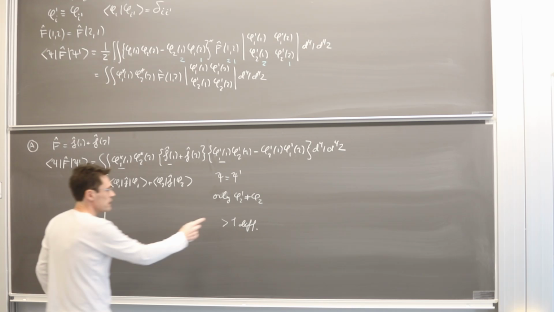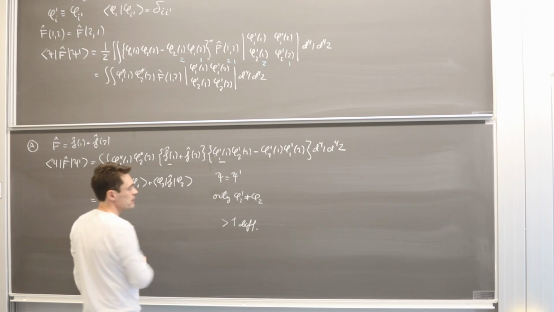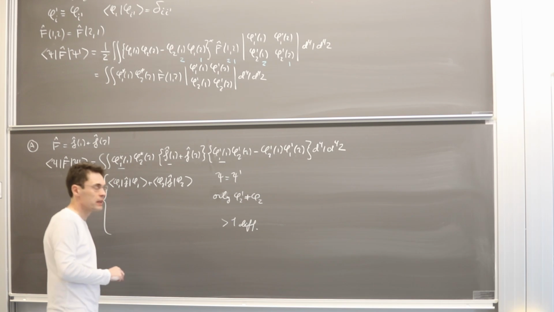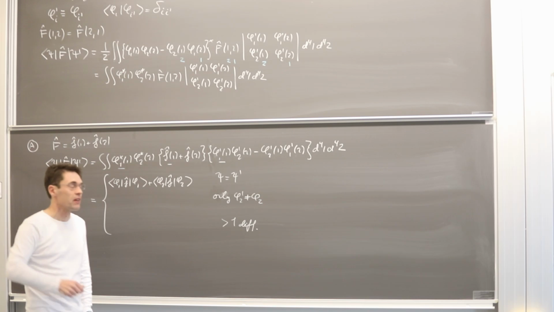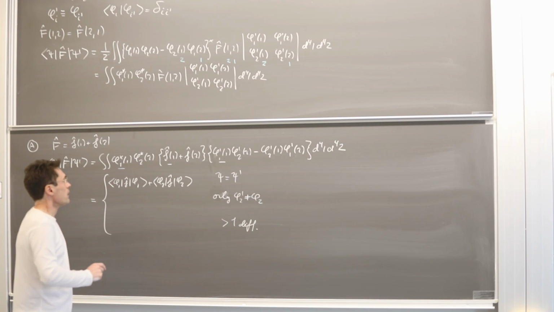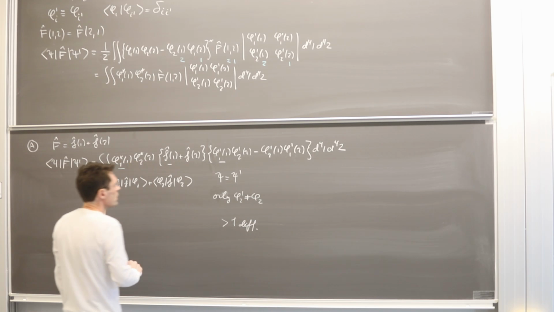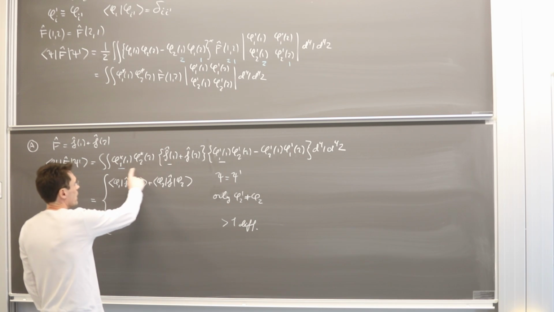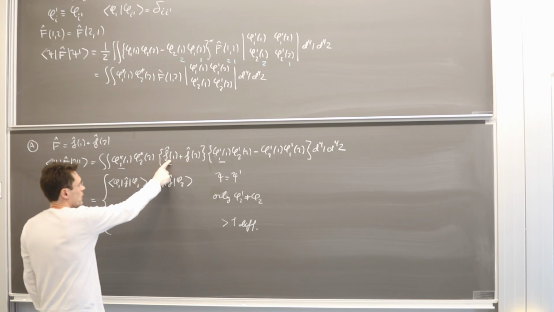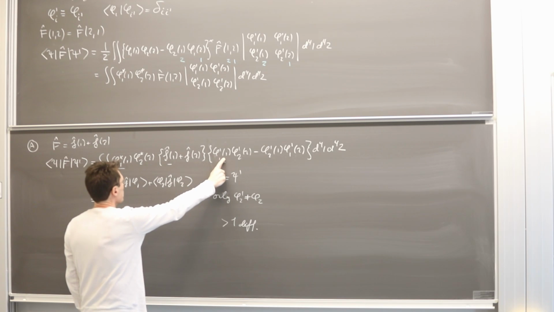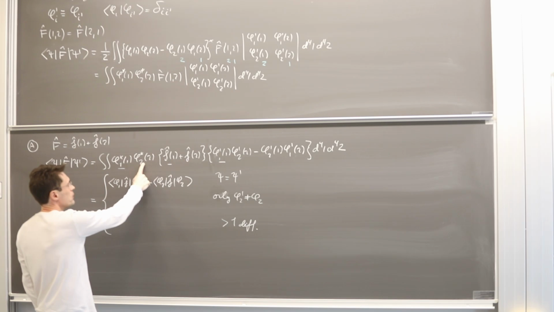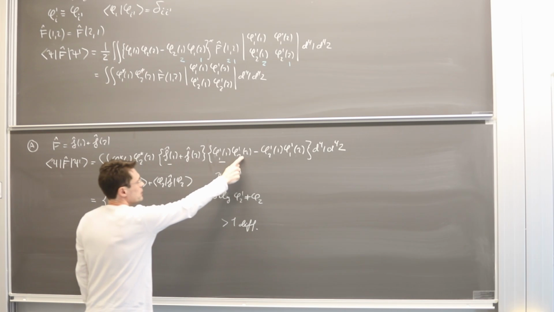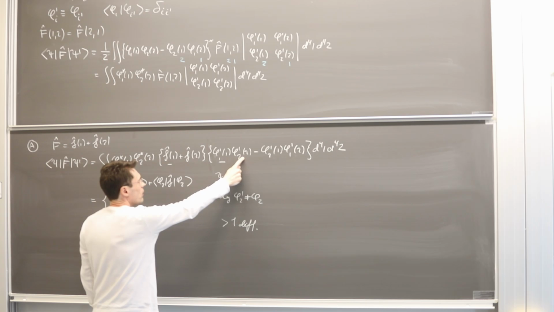Right. Let's assume now that 2 prime is actually different from 2. So it might be that 2 prime is really 3 or 7 or whatever. And they are, of course, orthogonal. So now if I look at this first term here, this one with this operator and this guy, that would give me something. But now I would have 2 up against 2 prime, and they are now orthogonal.